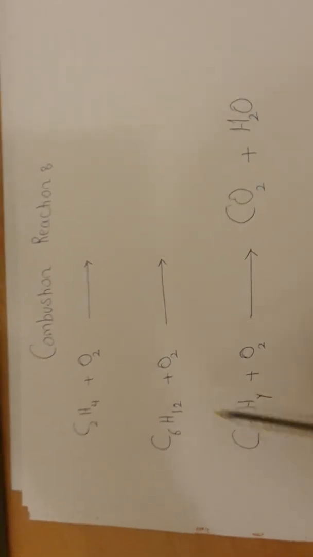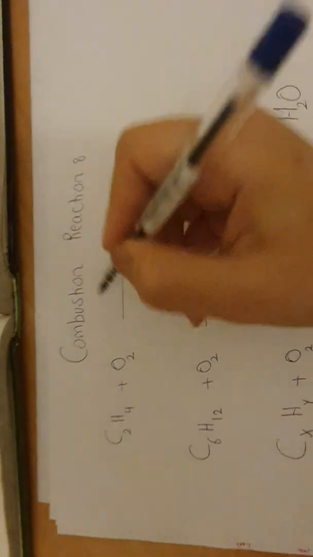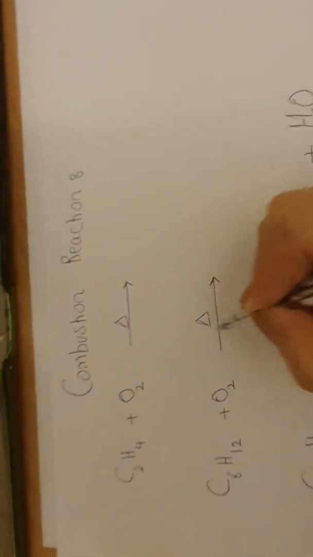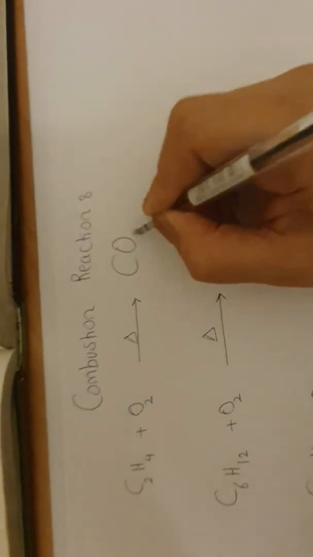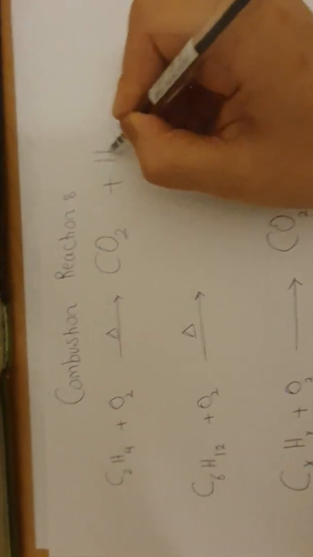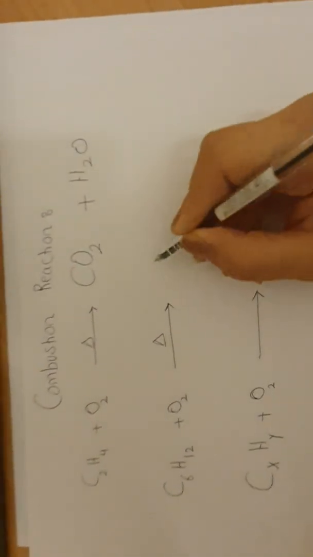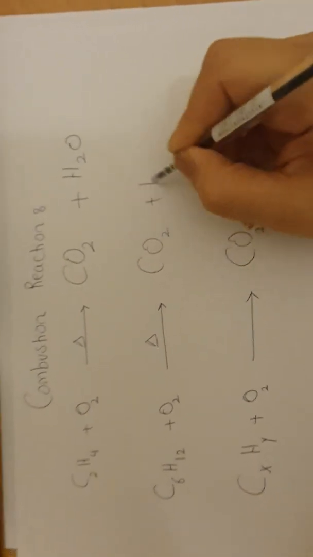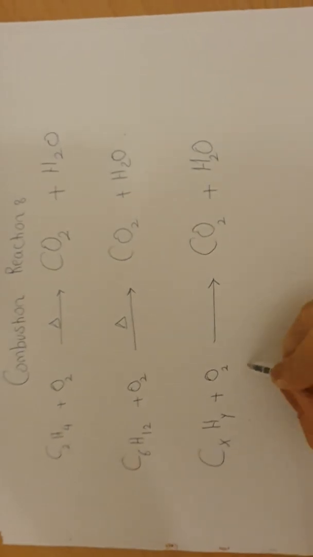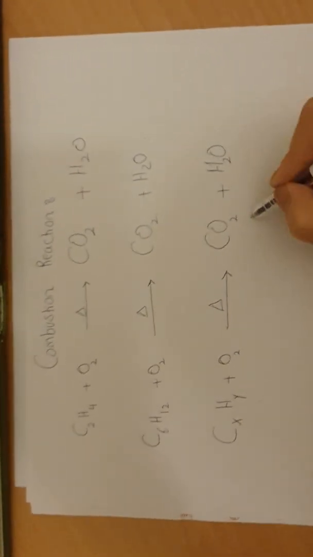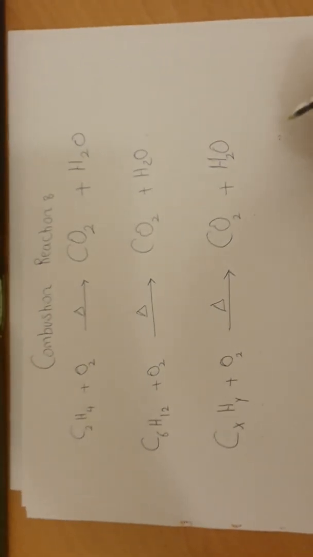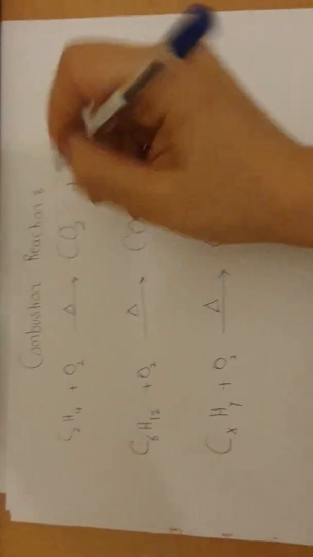The hydrocarbons in the presence of oxygen and heat are burned up, combustion, giving the same thing in all cases: CO2, carbon dioxide, and water. So whenever you have a hydrocarbon plus oxygen in the presence of heat, you know that it will give carbon dioxide and water. This is a combustion reaction.